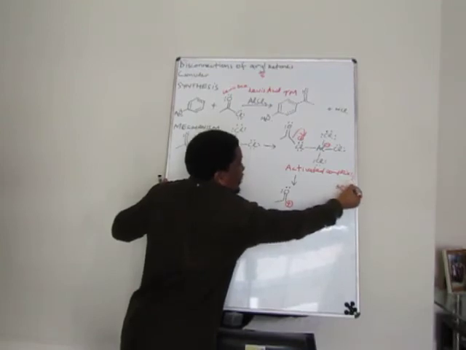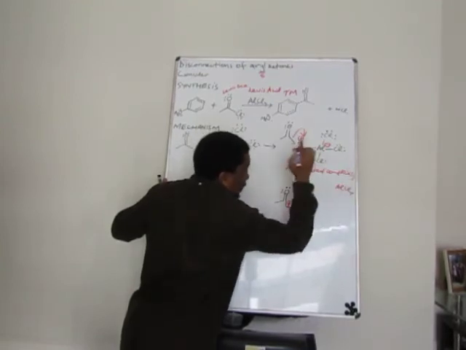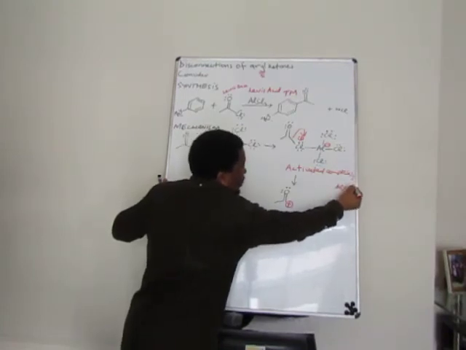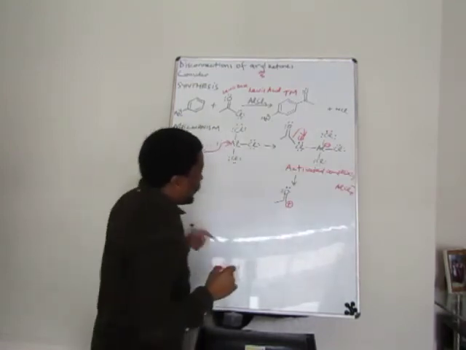We normally write this as AlCl4 minus. The minus is really on the Al atom, but I'll just write it the usual way.